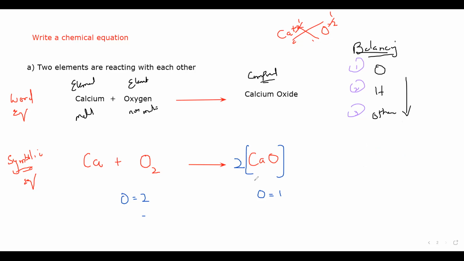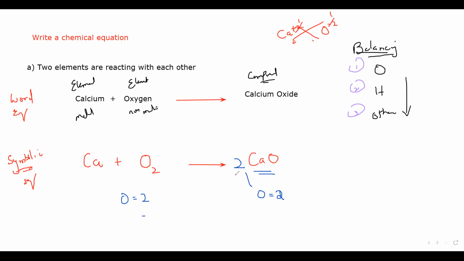When we write this 2 here, we have 2 molecules of calcium oxide, and 1 molecule of calcium oxide having 1 oxygen, so 2 molecules will have 2 oxygen.